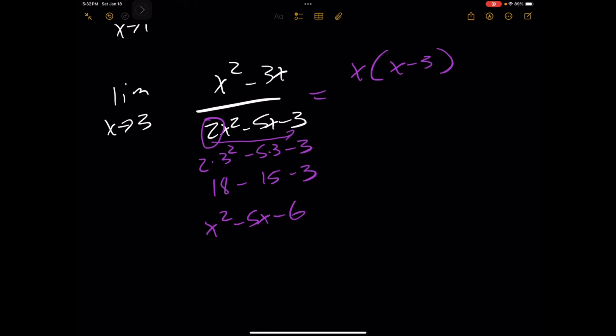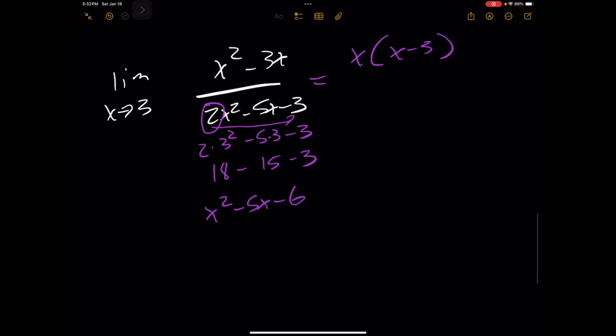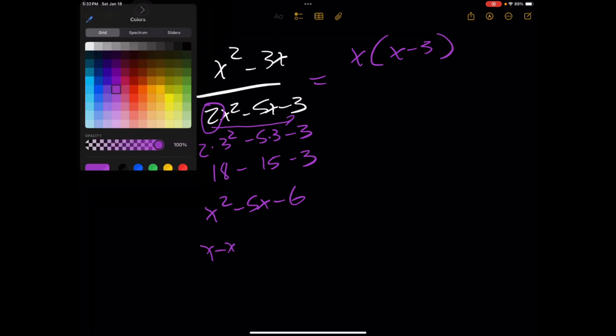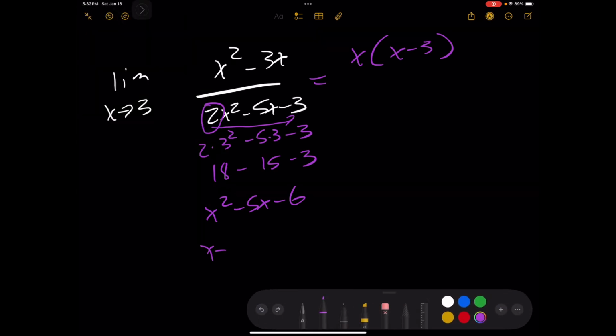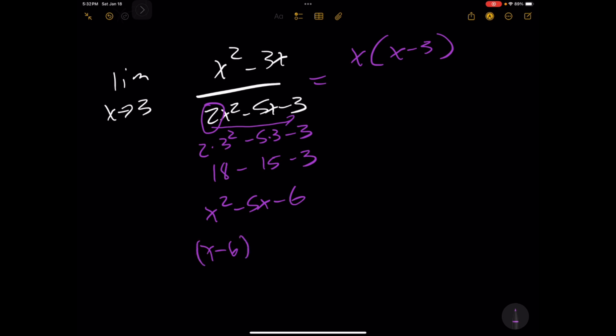Then I'm going to ask myself, what two numbers multiply together to equal negative 6 but subtract to equal 5? The answer is negative 6 and 1. So we get x minus 6, x plus 1.